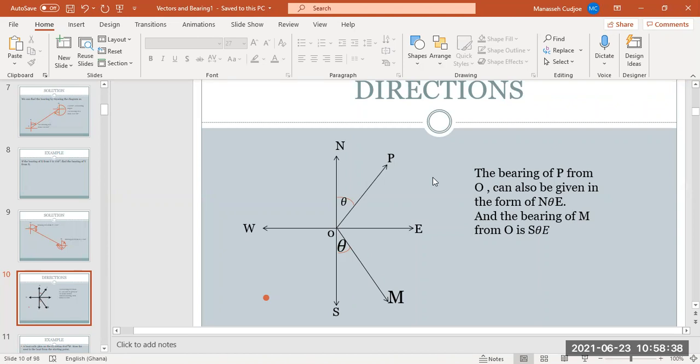So for instance, I can talk about this car moving from this point O to point P. Which direction is the car moving? North theta degrees east. What this means is that the car is theta degrees east of north.